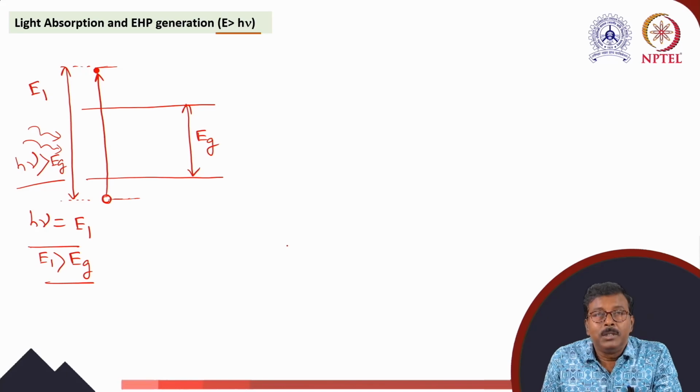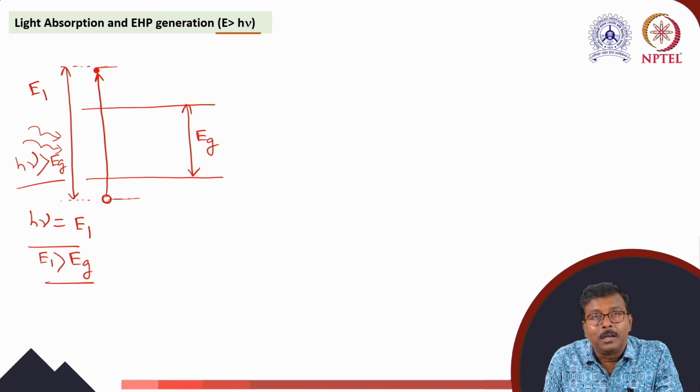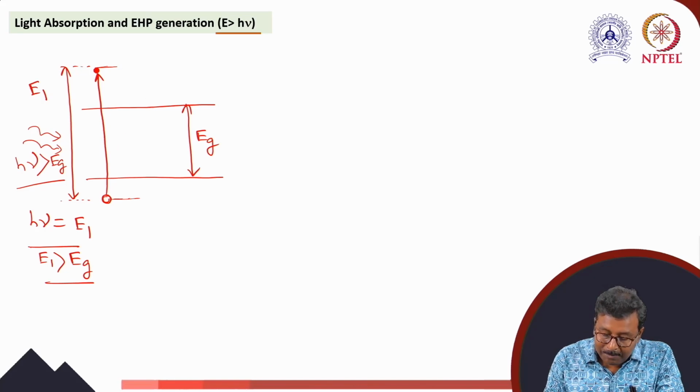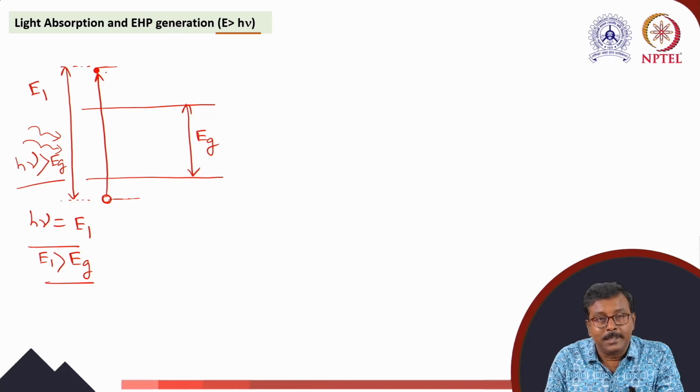but within a moment, very quickly, this electron will come down to the conduction band minima through lattice scattering, or through transfer of heat to the lattice, because the transition from here to here produces an electron which has a high kinetic energy, and this kinetic energy will be transferred to the lattice.